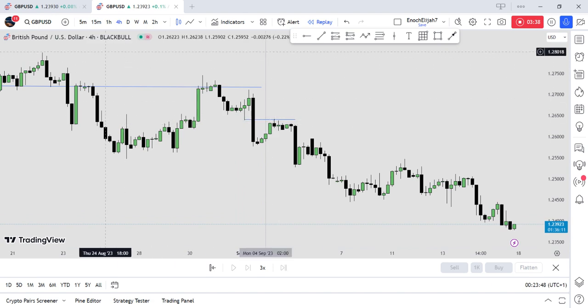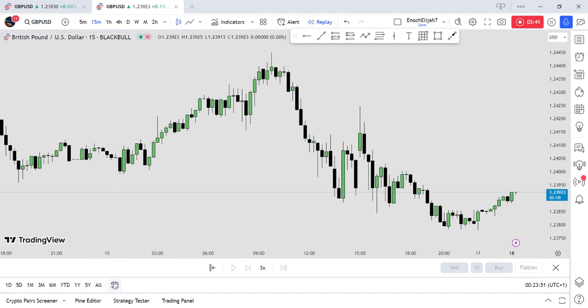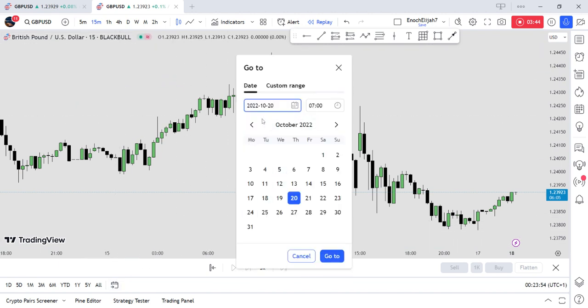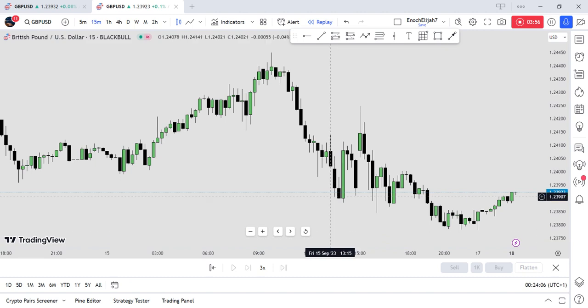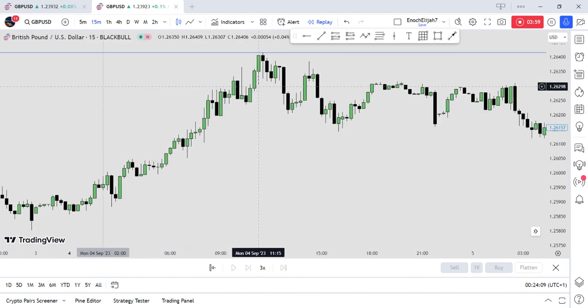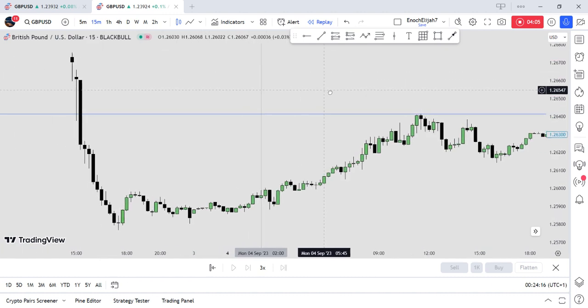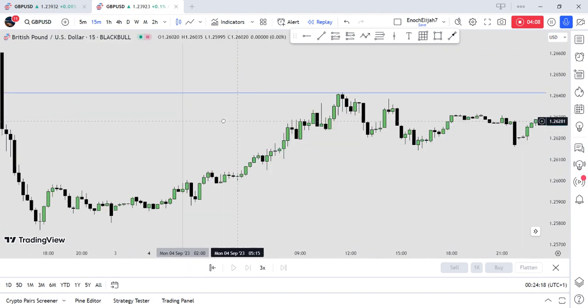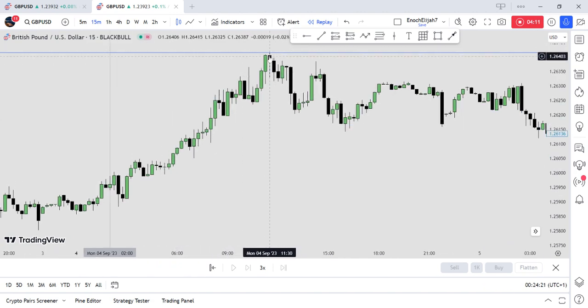Next is to go to the 15-minute time frame. On the 15-minute time frame, the market opens at 7 a.m., but I was waiting for price to reach that higher time frame PD array. Price reached it right here around 11:30 a.m. Next, I'm looking for price to change structure to confirm that the PD array has where to sell from.